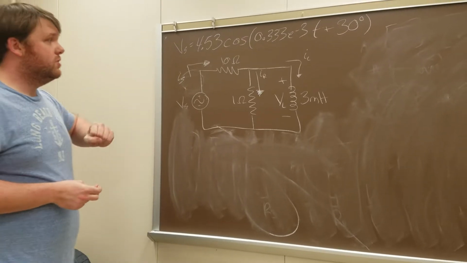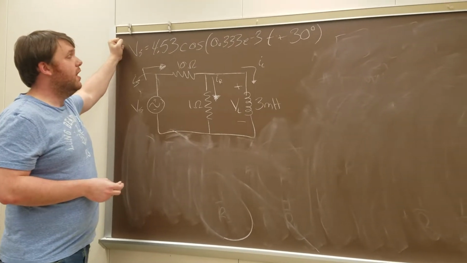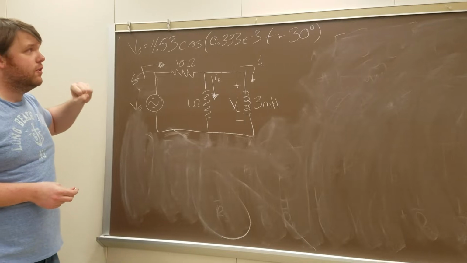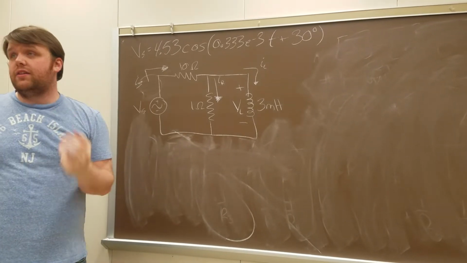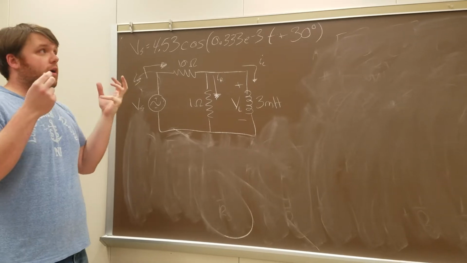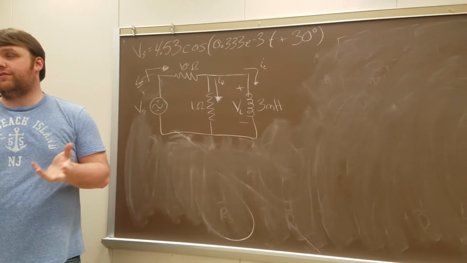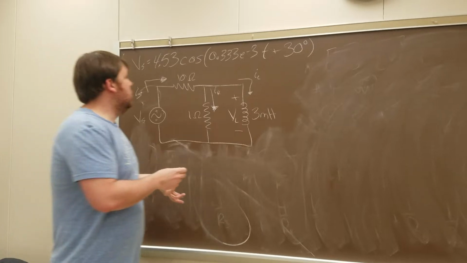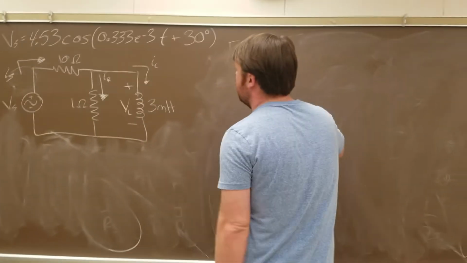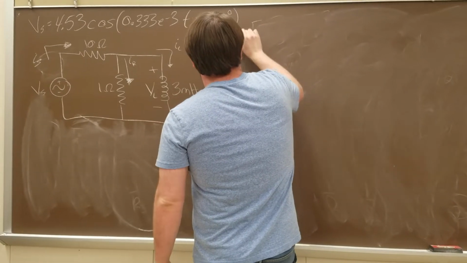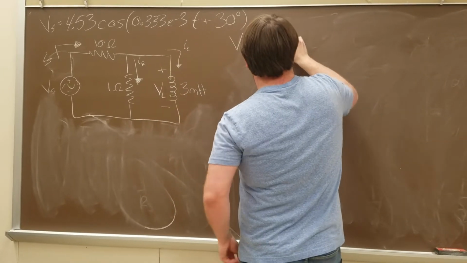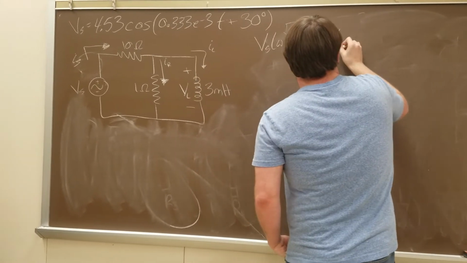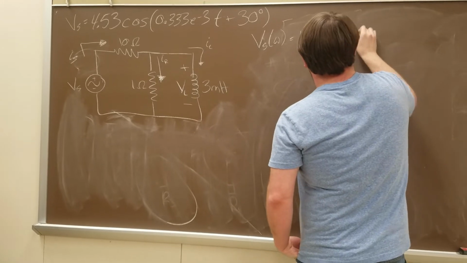Okay? So we're going to start from our voltage source. Our voltage source, we can convert from this single cosine to either our rectangular or our polar/phasor form. So this V source with respect to omega would be what, 4.53 times angle 30 degrees.